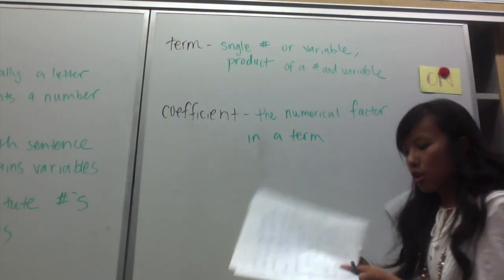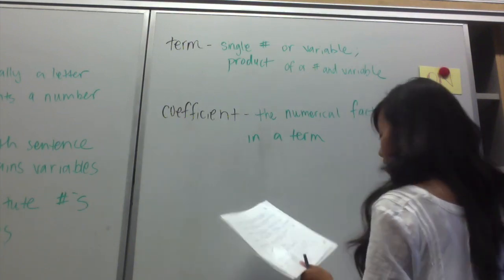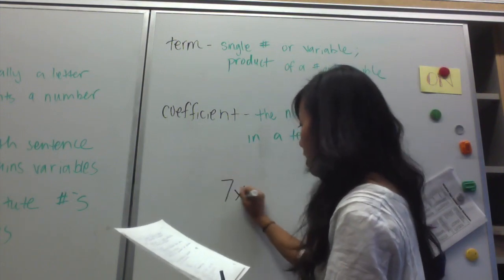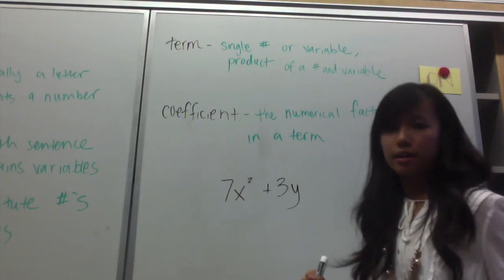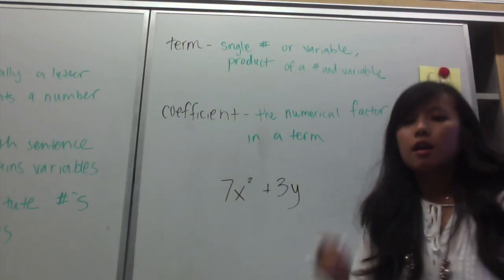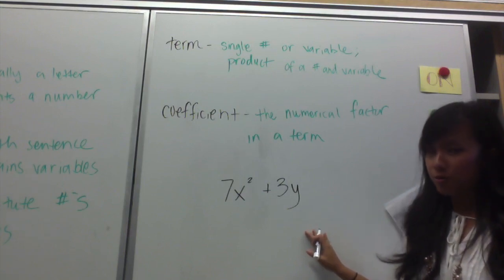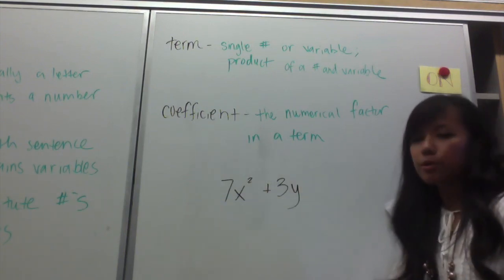Okay, so for example, let's say we have 7x squared plus 3y. Okay? This whole thing, hopefully, you know from our vocabulary, is going to be called the algebraic expression.